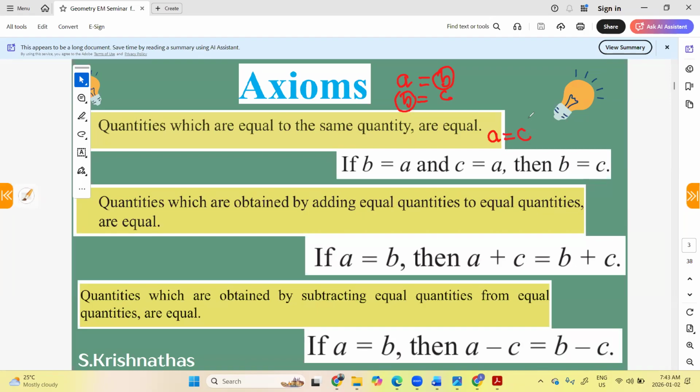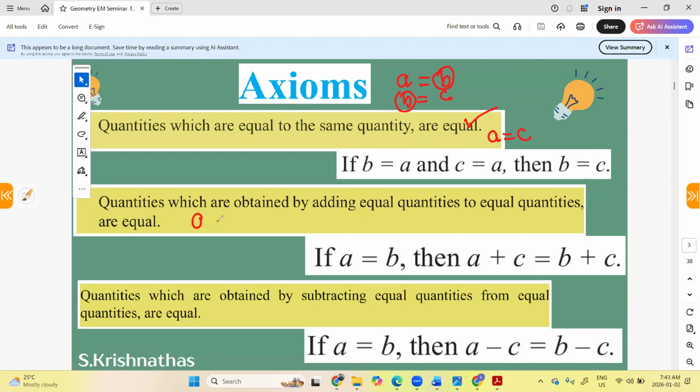Students, the axioms are important to build up theorems. Okay. So for the theorems, axioms are important, right? So that is the reason I start from these axioms. This is the first axiom: quantities which are equal to the same quantity are equal. The second one: quantities which are obtained by adding equal quantities to equal quantities are equal.